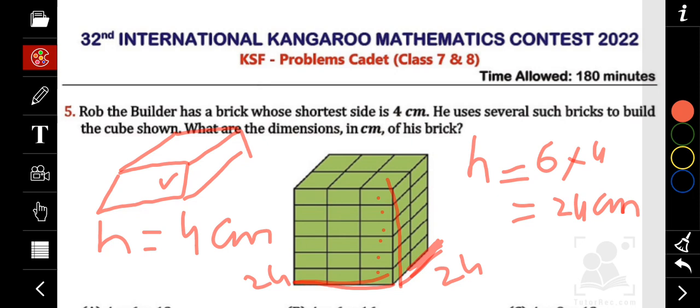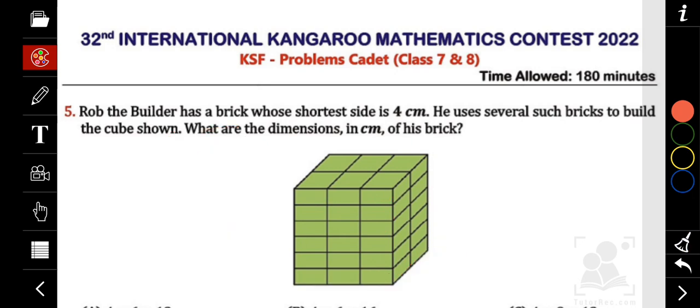For this we need to see three bricks are there in the front side, and for that reason the front side is having a length of 24 centimeters, because this is a cube in which all of the sides are of equal dimensions.